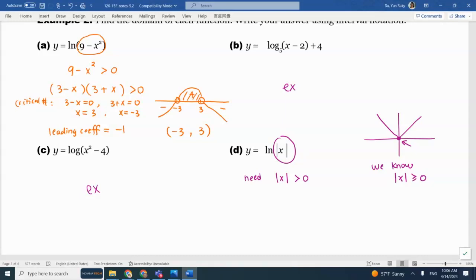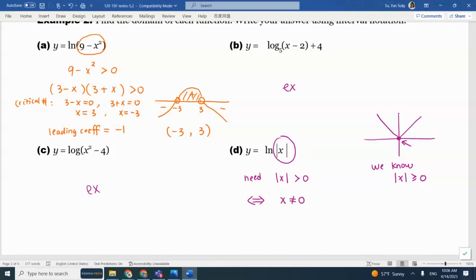This is the new one, and this is the old one. So this is the same as saying x is not equal to 0. Is that clear, everybody? This is interesting because we have seen this problem before. We know absolute value of x is greater or equal to 0, and from the graph, it's positive, therefore it cannot be 0.